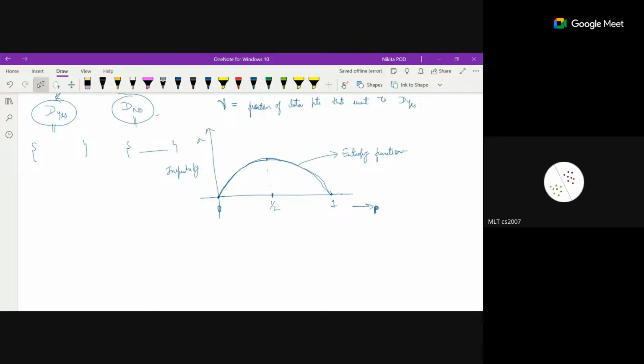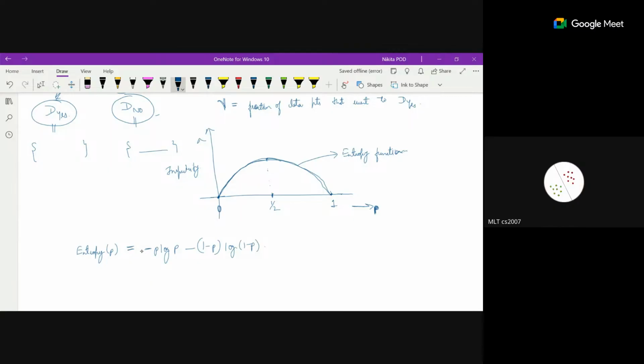So the entropy of the labels is given by minus p log p and minus 1 minus p log 1 minus p. It is given in the lecture.